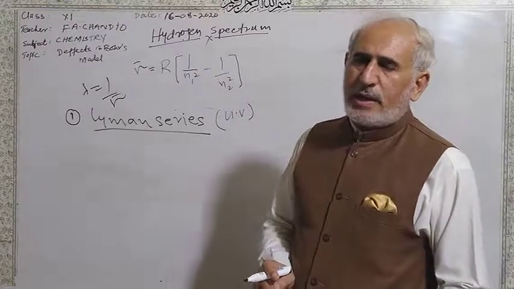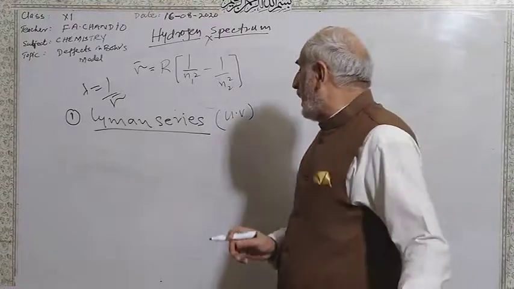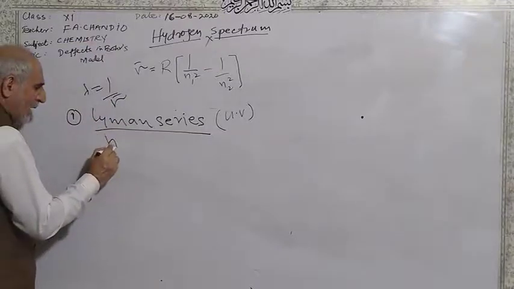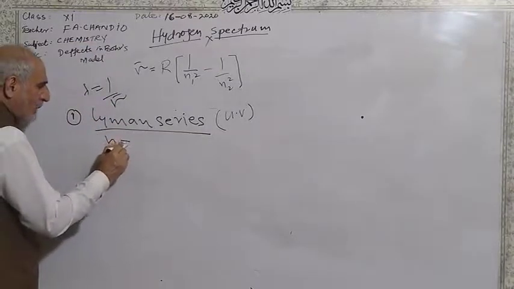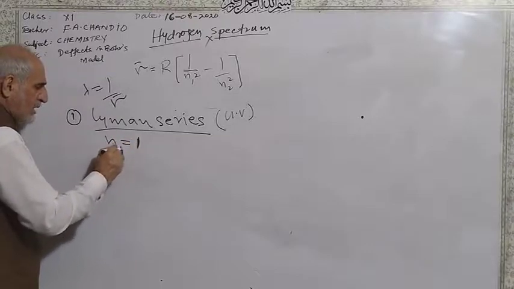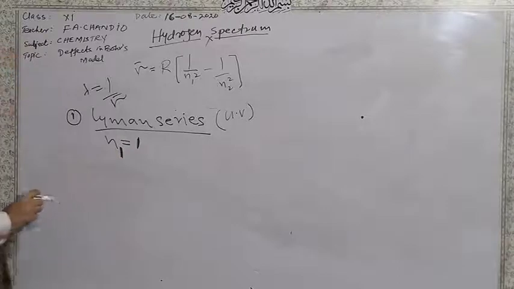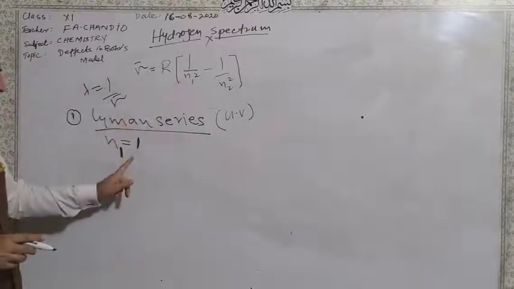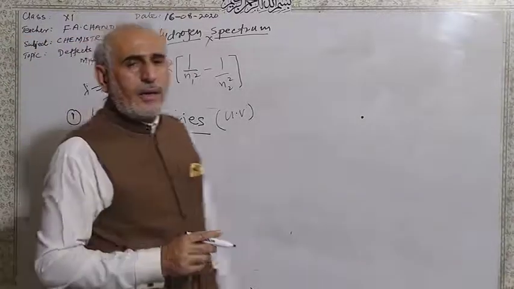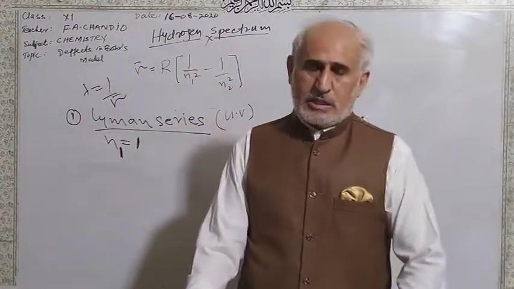Invisible, ultraviolet, cannot be seen. And there is one thing very important. For the Lyman series, n1 must be 1. Students, n1 will be 1 if there is an n1 given. So this is called the Lyman series.